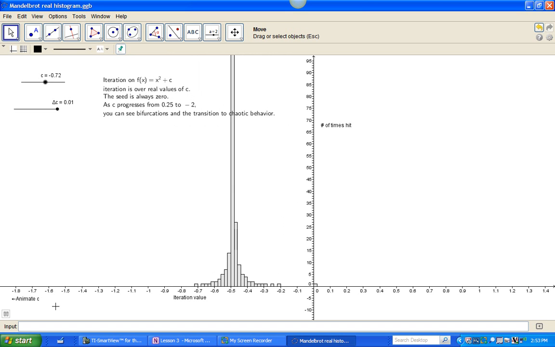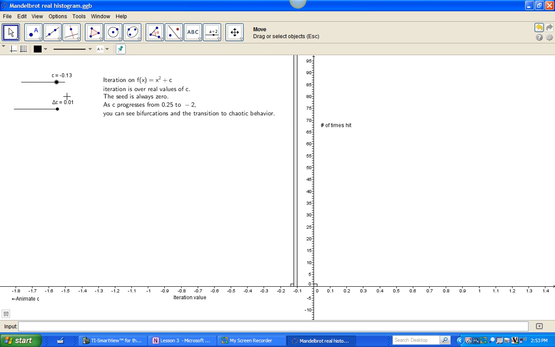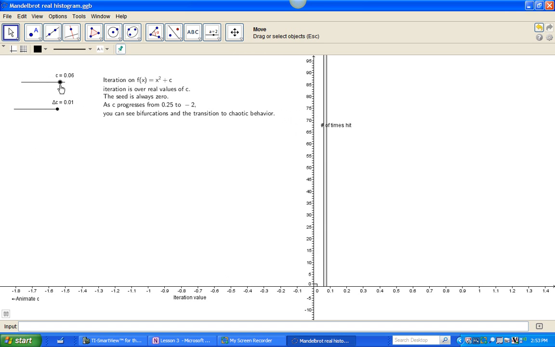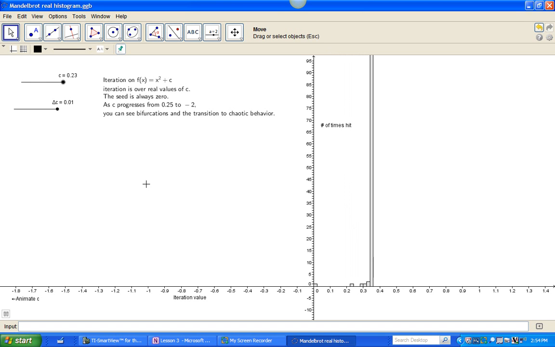And here we go, 1 cycle. As we move to the right, we're going to speed it up a little bit. Get all the way over to -0.14. Here we go. And when we hit 0.25, beyond 0.25, instead of converging to a 1 cycle, we get divergence just like that.